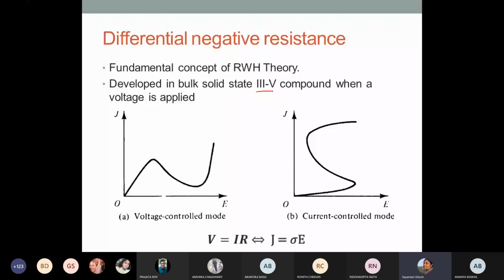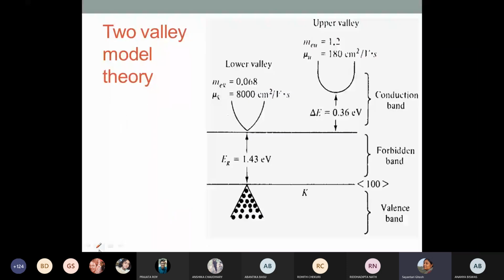Now, why so? Because you already know that gallium arsenide is a very special material, right? You have learned about it in your LED fabrication, I guess, that these materials have a very special property. What is that special property? If I draw the EK diagram of these materials, E along the y-axis, K along the x-axis, K is the wave vector, then for the same value of K, you have the top of the valence band aligned with the bottom of the conduction band.